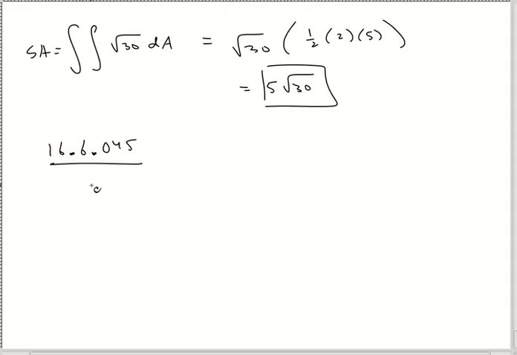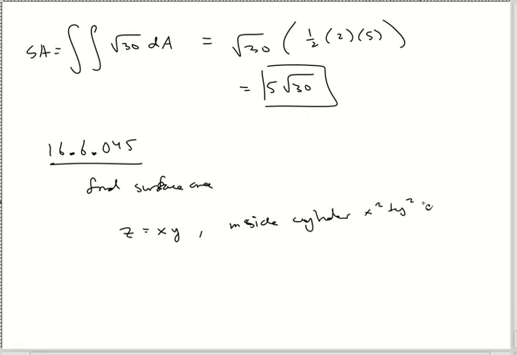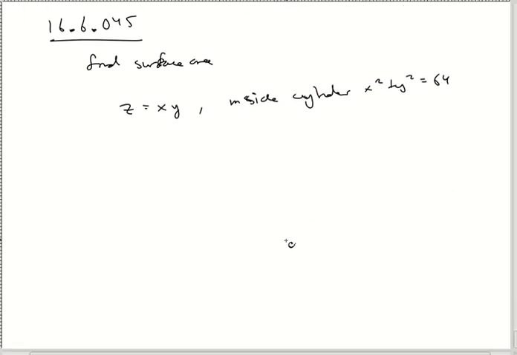Okay, again, find the surface area. And they say my surface is z equals x times y, and it's going to be inside of the cylinder x squared plus y squared is equal to 64. Okay, so I need to find an r vector for my surface here.